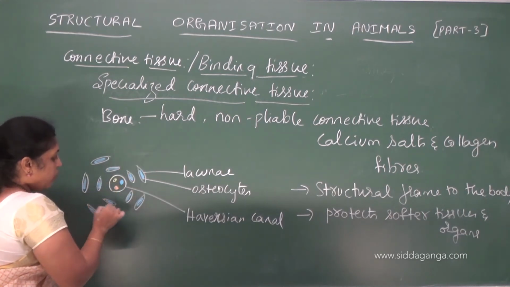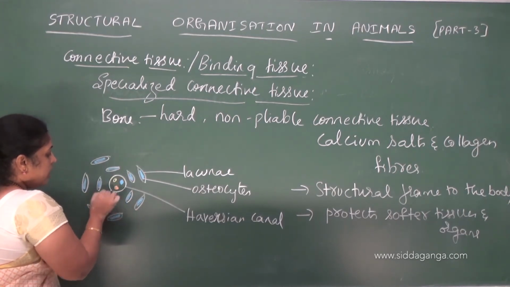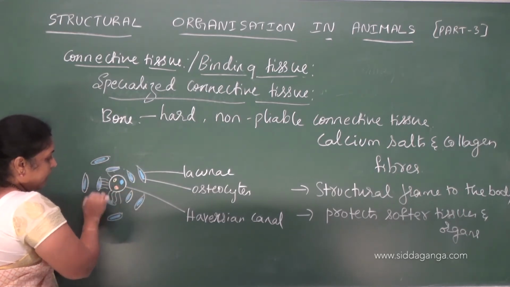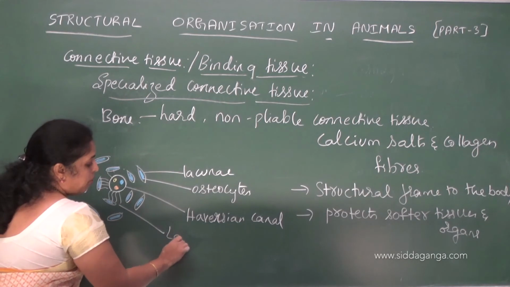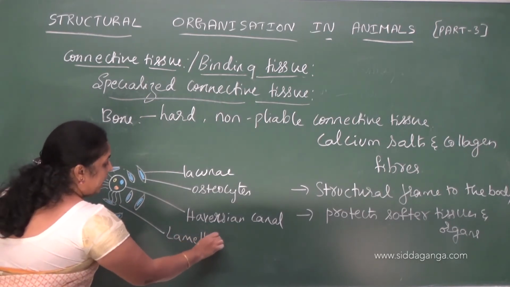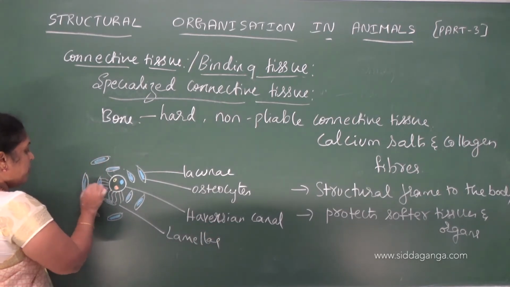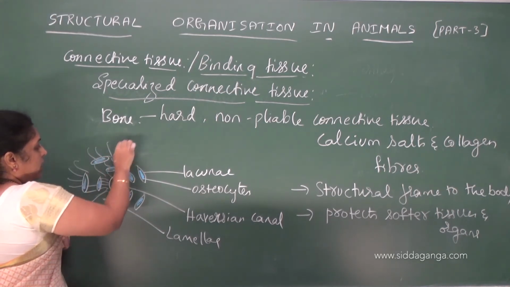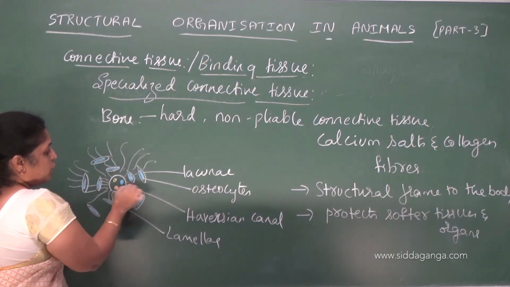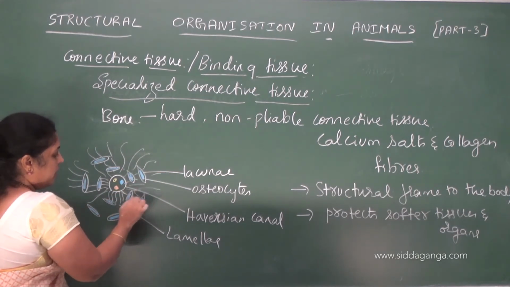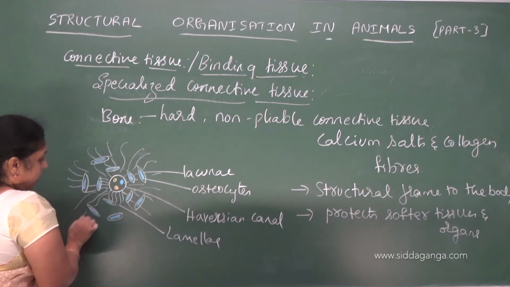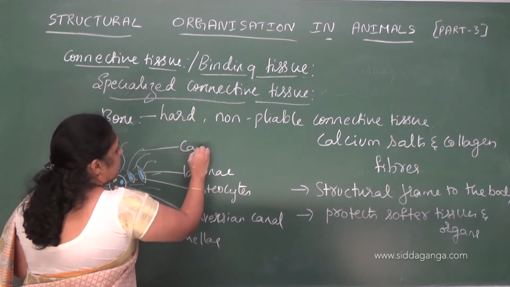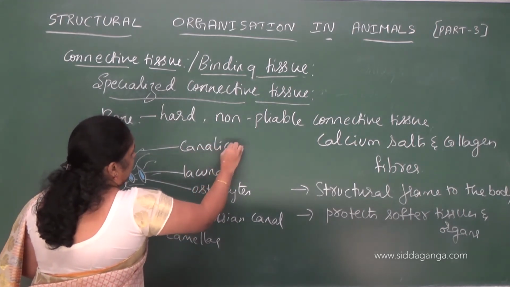So one concentric ring or circle of lacunae is called lamellae. And each lamella is connected with finger-like projections called canaliculi. Each lamella or each osteocyte is connected with the others by hair-like structures called canaliculi.